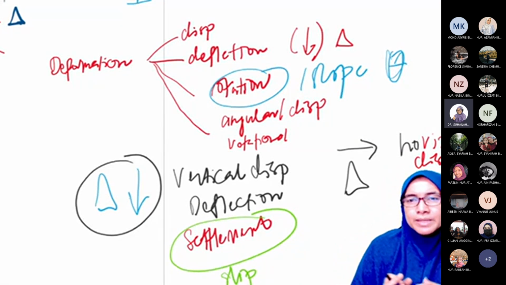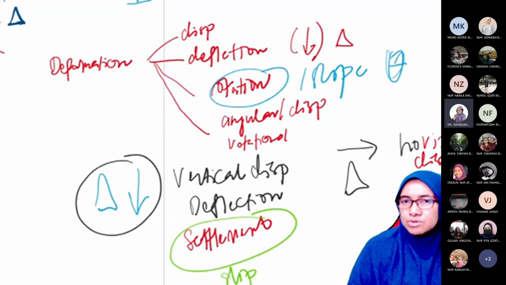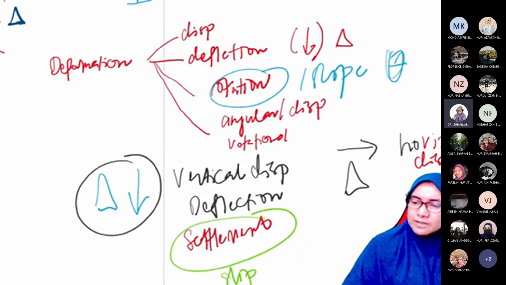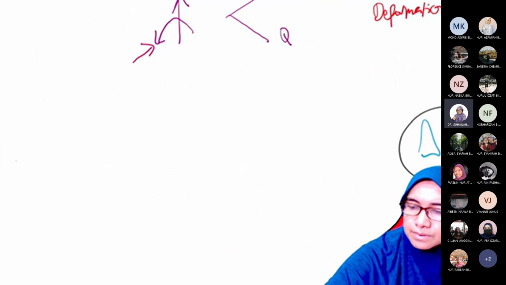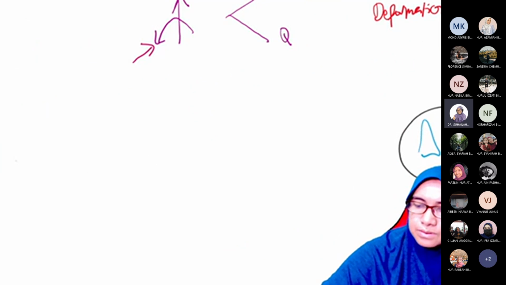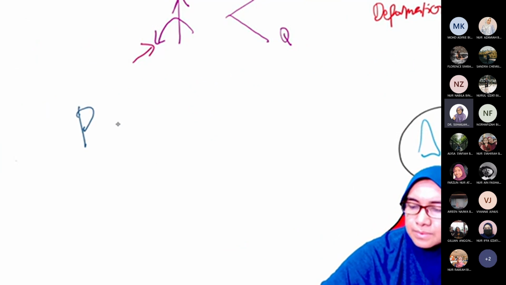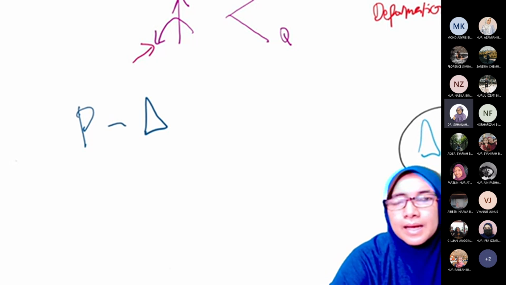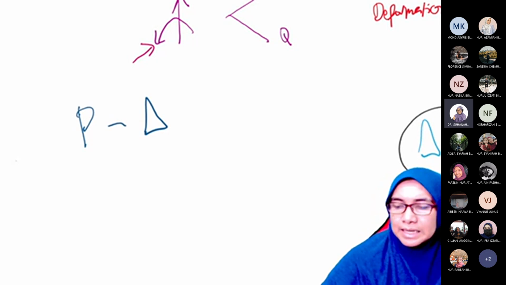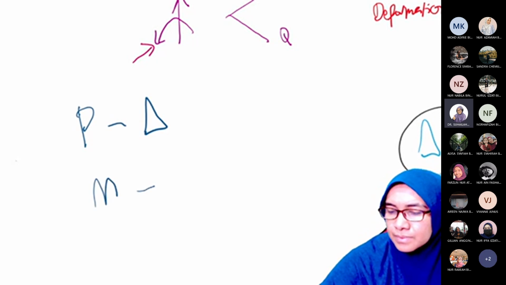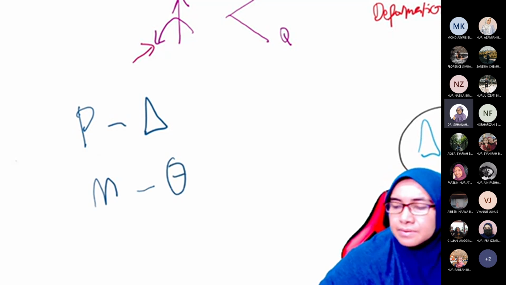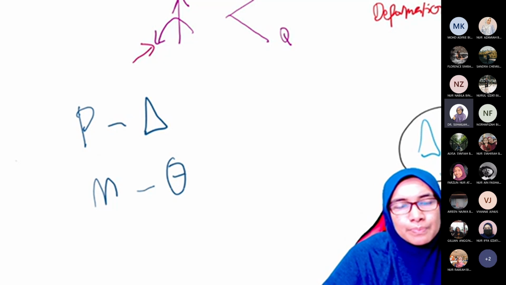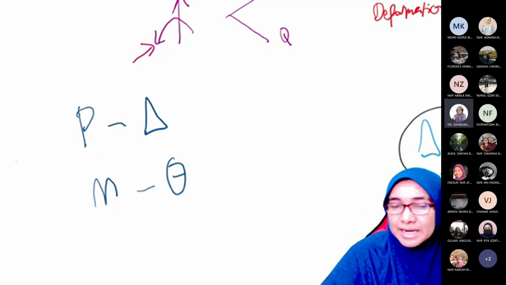And the common symbols that we always use to represent all these displacements relate to this: P and delta, and another one is moment and theta. P delta is a very common principle in structural analysis.